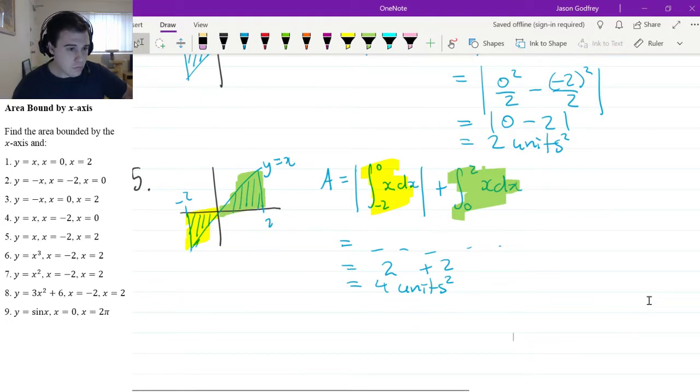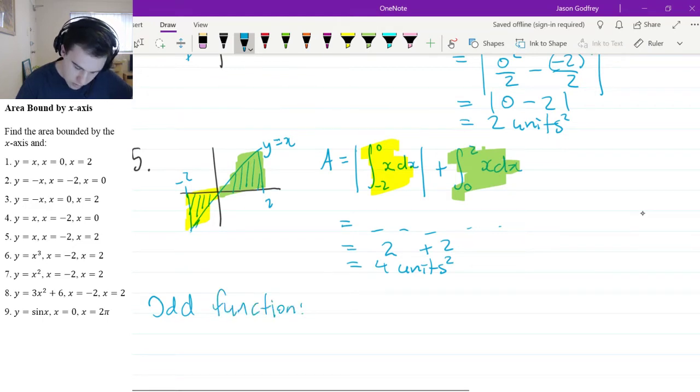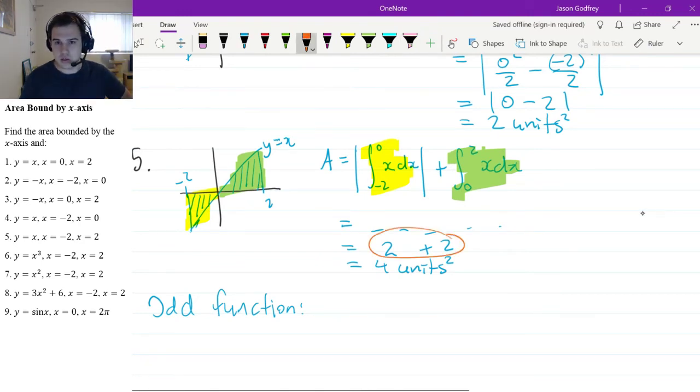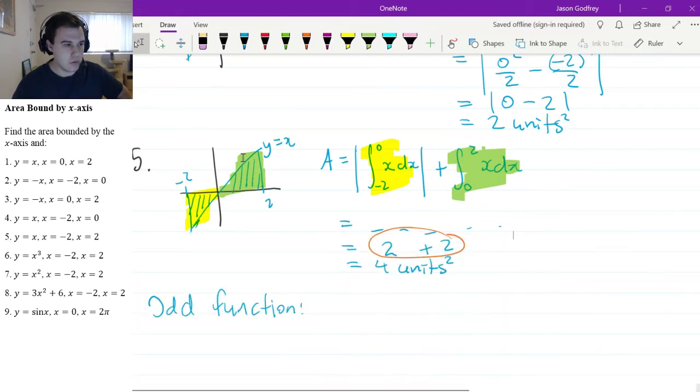So something else you can do, particularly with odd functions, is notice here we ended up with 2 lots of the area of one of the pieces, right? Because the areas are the same, we actually ended up with this area twice, over here and over here.